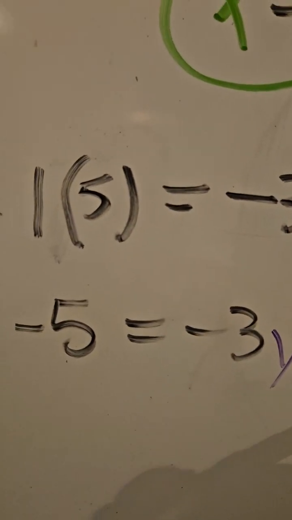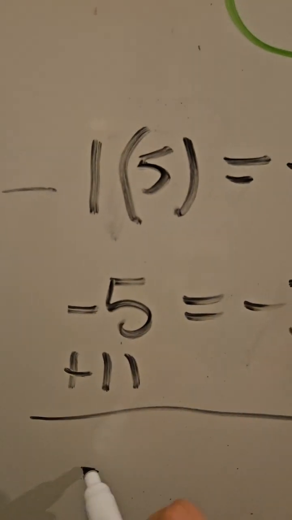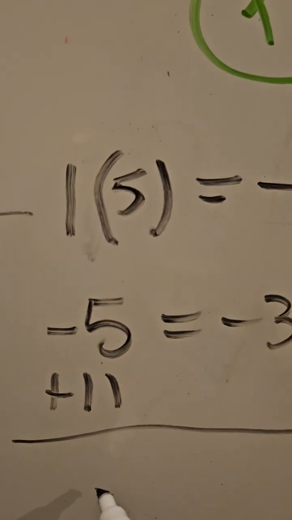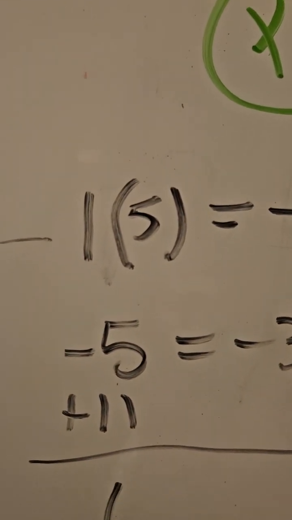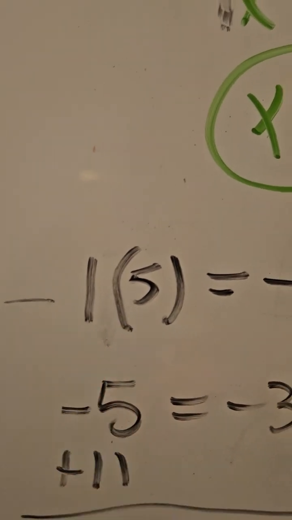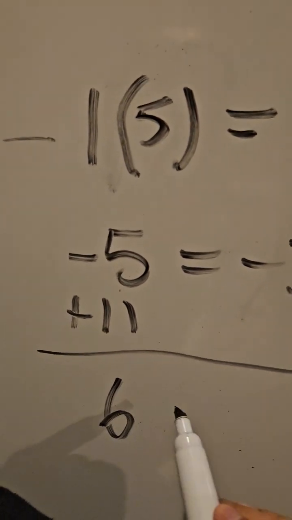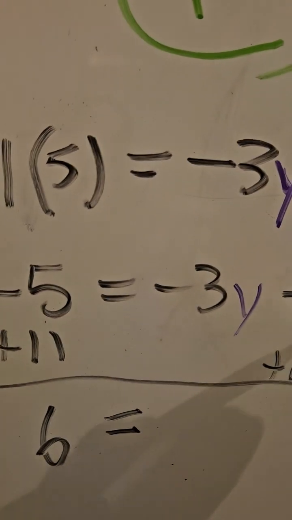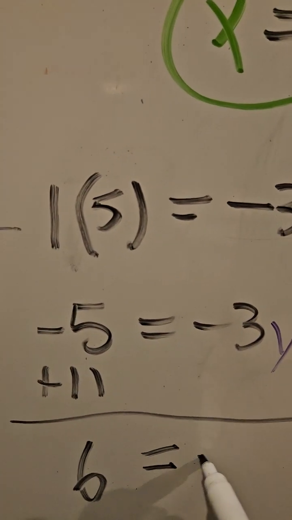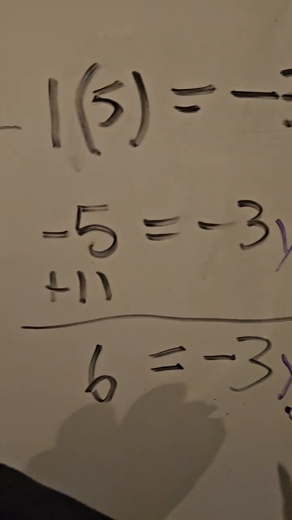So I'm going to add 11 to both sides. And that would be 6, because positive 11 plus negative 5, basically like 11 minus 5, which would be 6. And then this would cancel out, negative 3y.